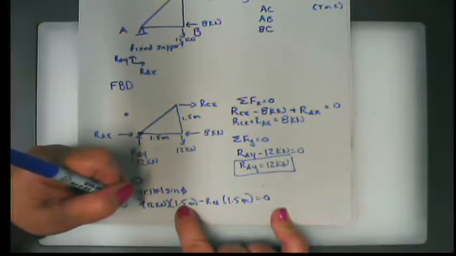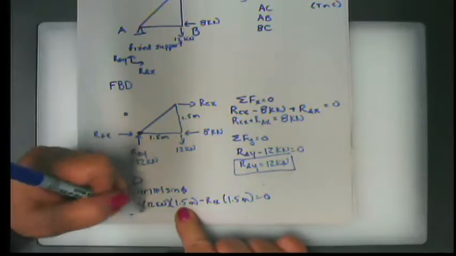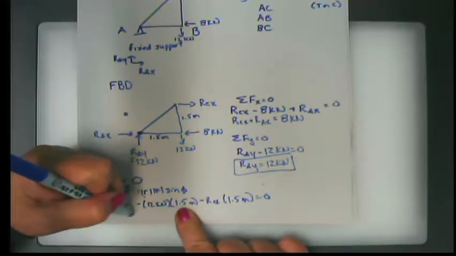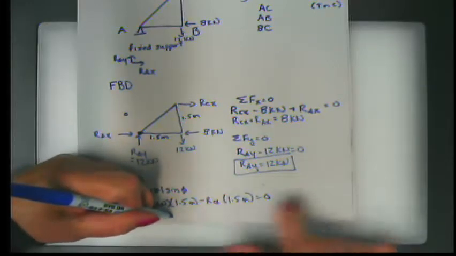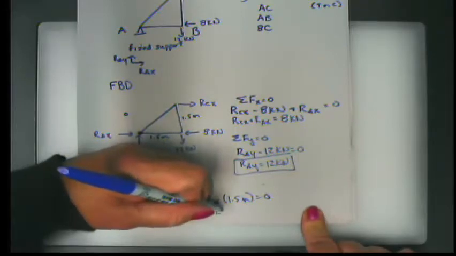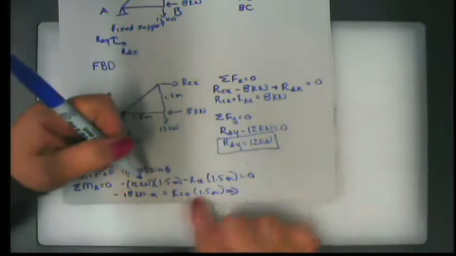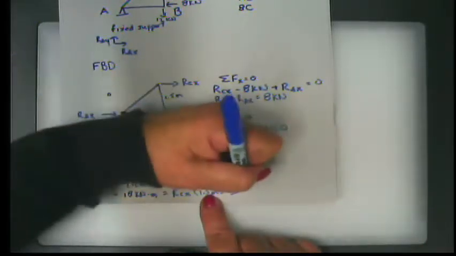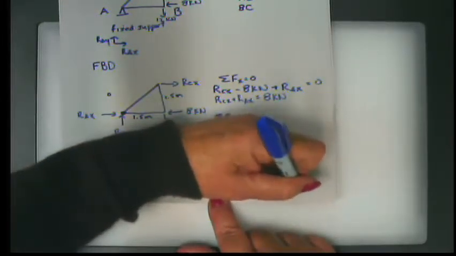So if I bring this over to the other side, I get negative 12 kilonewtons times 1.5 meters, which is negative 18 kilonewton meters, equals RCX times 1.5 meters. And to finish that off, I would divide through by 1.5, and I get negative 12 kilonewtons, because I'm dividing meters by meters, equals RCX.